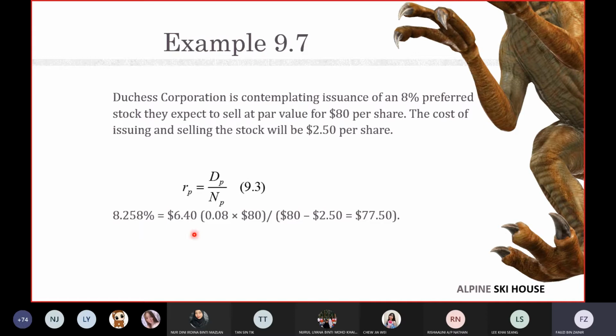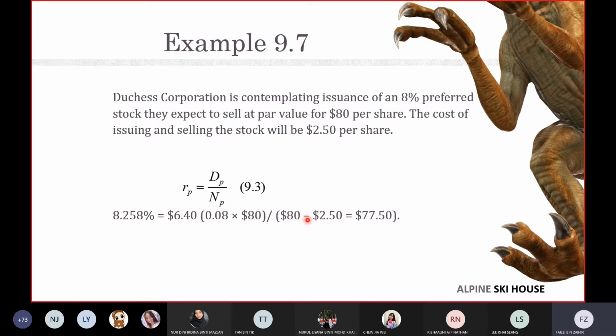So what do we mean here? The dividend is expressed as a percentage of the share price, 8% of $80. So that's the dividend they're going to pay over time, which is $6.40. And when they issue the preferred stocks, they are getting only $77.50 out of the $80 they are supposed to get.